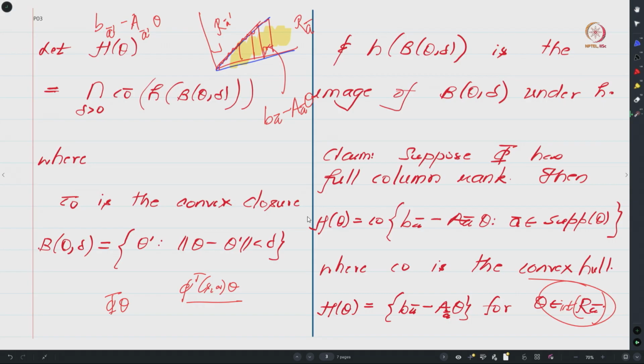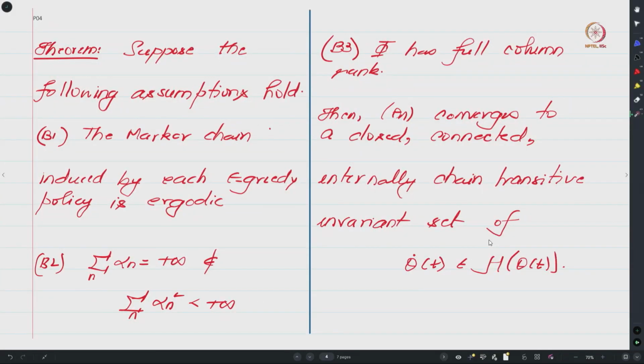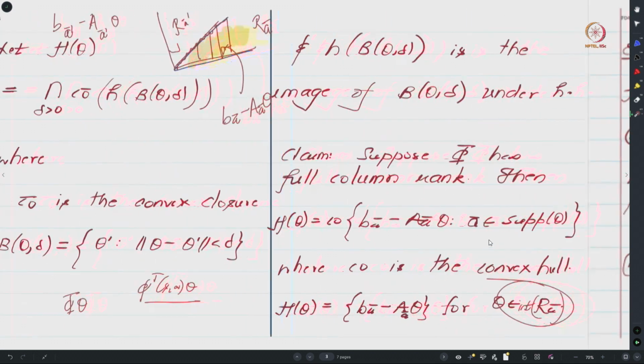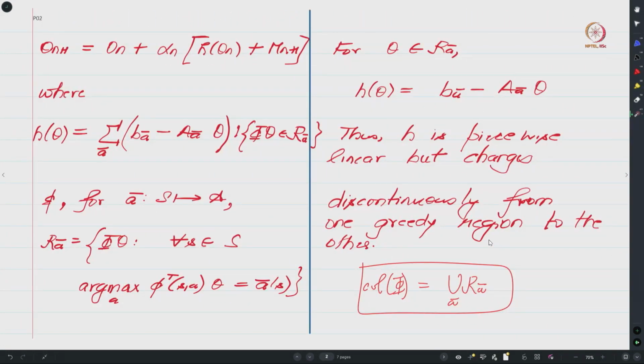So in this way, you can define H theta, and one can see that H theta has this expression over here. Now the update rule that we had seen previously can now be studied from the lens of stochastic recursive inclusions.